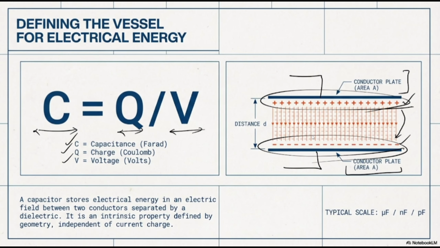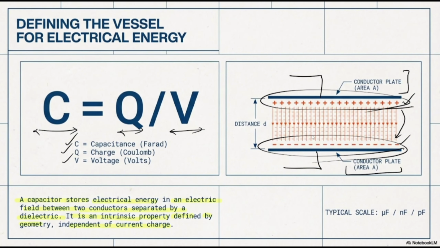We also learned a couple of formulas related to that, but at this point, we are not going to talk about them that much. So a capacitor is going to store electrical energy in an electrical field between two conductors separated by a dielectric. This dielectric could be air, could be mica, could be anything. It is an intrinsic property defined by the geometry, independent of the current charge.